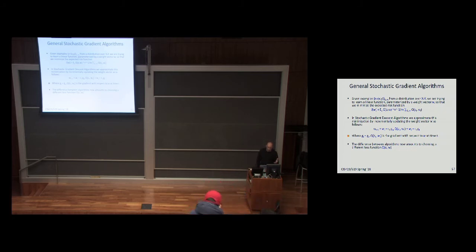I'm trying to learn a linear function parameterized by the weight vector W. What do I want to do? I want to minimize my risk function. And my risk function is this J here, which is the expectation over Z, or X cross Y, of my loss function Q. Of course, we cannot do this because we don't know this probability distribution.